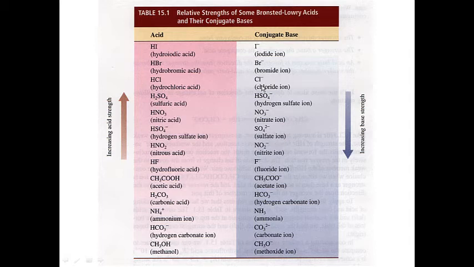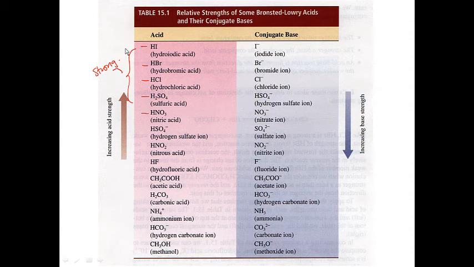So here's just another chart that shows you increasing acid strength versus increasing base strength. And you might say that HI, HBr, and HCl, sulfuric and nitric, these five are what we consider to be strong acids.